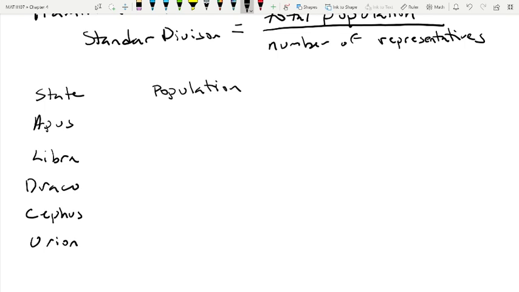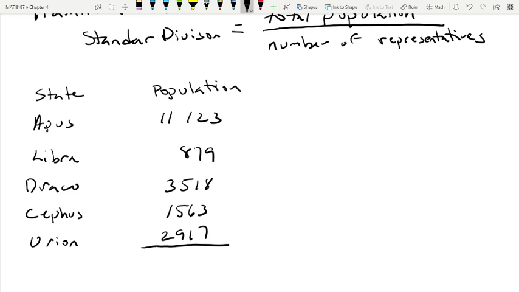And then our population numbers: 11,123, 879, 3518, 1563, and 2917.